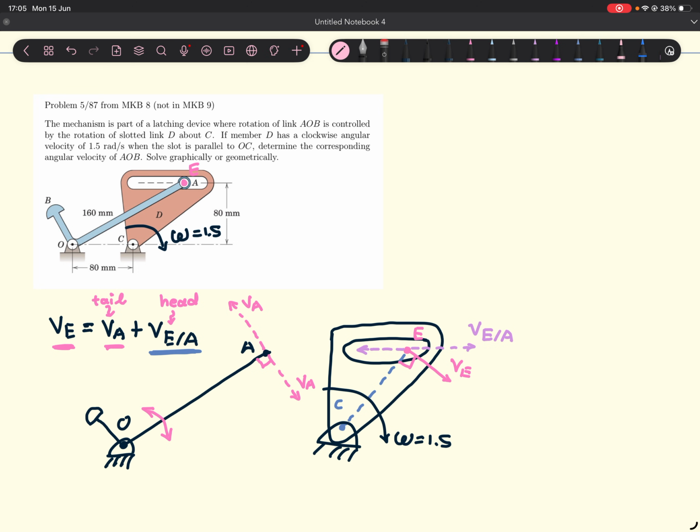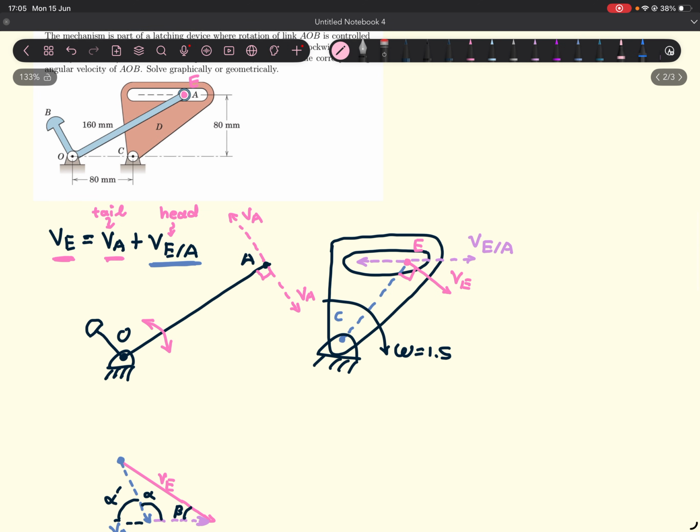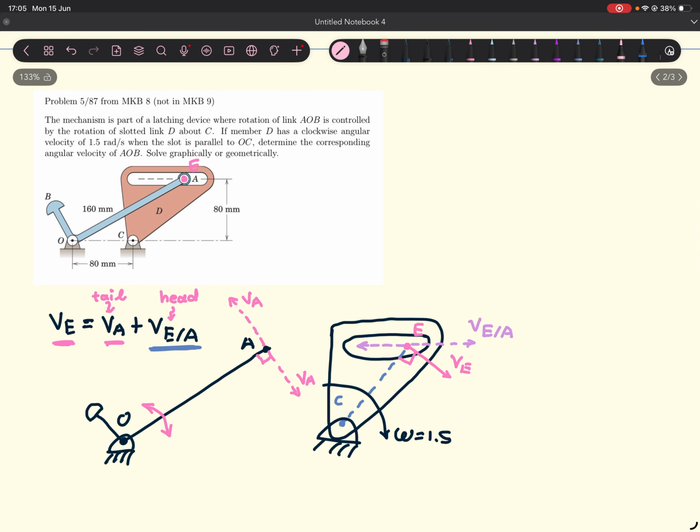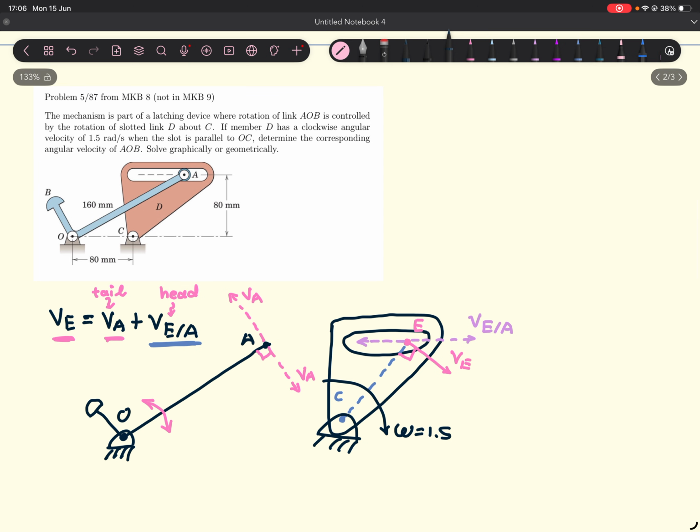Just doing that so that we have an extra visual clue to help us solve the problem. Cool. Then I'm going to go into my diagram and see if I have any big triangle that I can use to get the angles of and then relate to the angles between the vectors. So I have this line over here going like that, and then I have this 80 millimeters. I'm looking for dimensions.